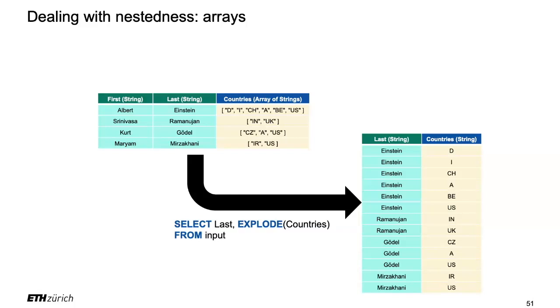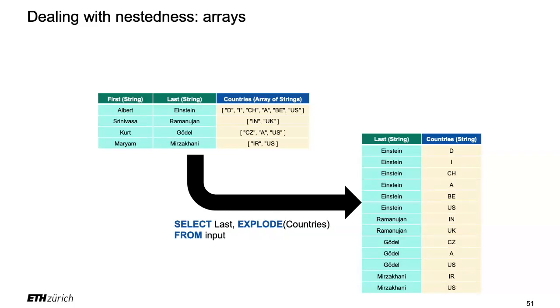If you look here on the top table on the left, this is a data frame. How do you see that it's not a flat table? Because the third column is actually structured. The third column, these are arrays of strings, right? So we are nesting things in there. It's not a flat table. Well, there is this explode function that you can add to SQL, select last, explode countries.